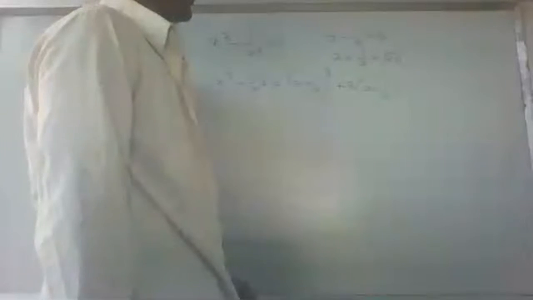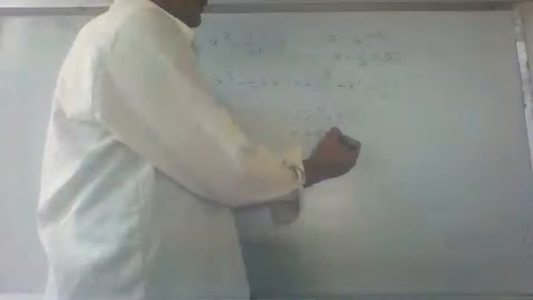We have reduced and added this, so we will find this. Since we want x minus 1 upon x, it is given as 6. So 6 cube is 216, plus 3 times 6 is 18, giving 234. Answer.